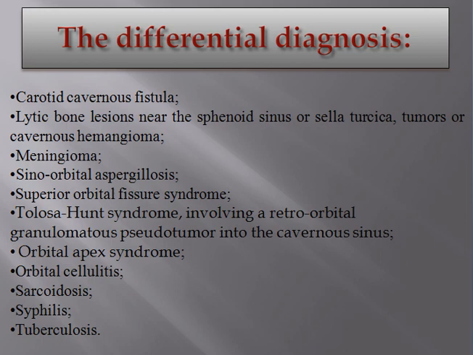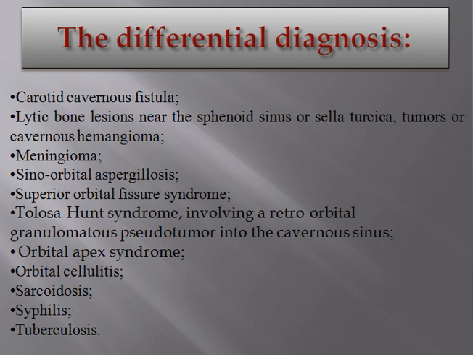Lytic bone lesions near the sphenoid sinus or sella turcica, tumors such as metastatic cancer, meningioma, schwannoma, plexiform neurofibroma, pituitary adenoma, chondroma, and other tumors can occur.